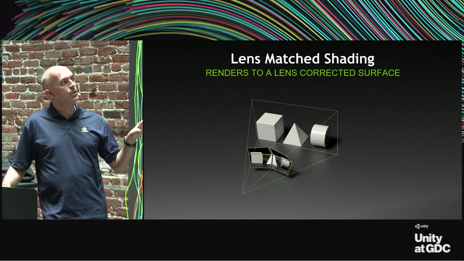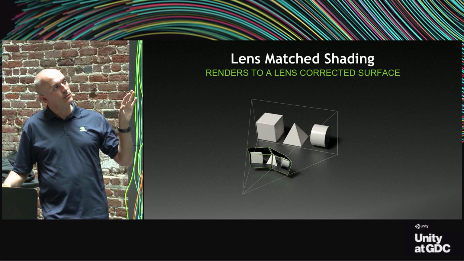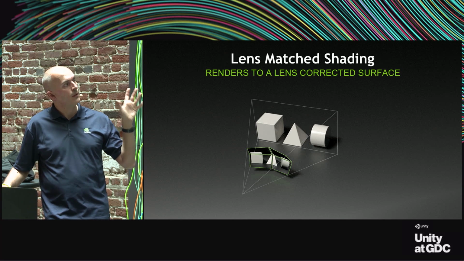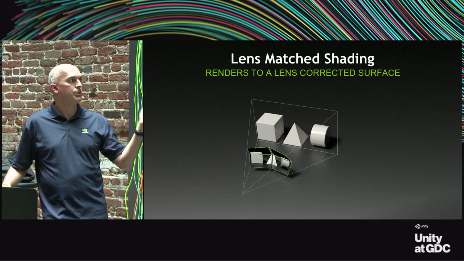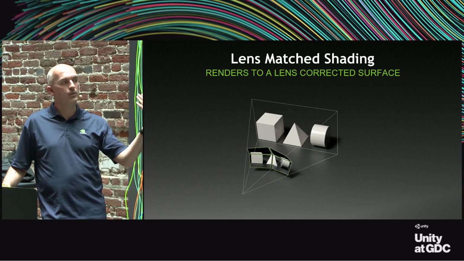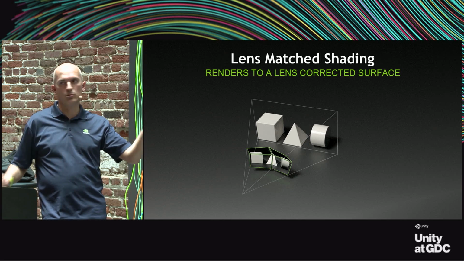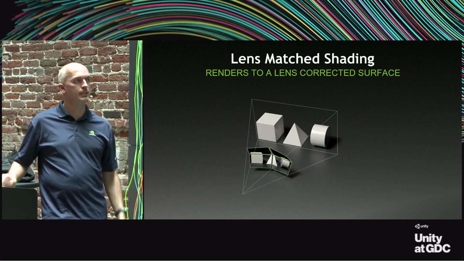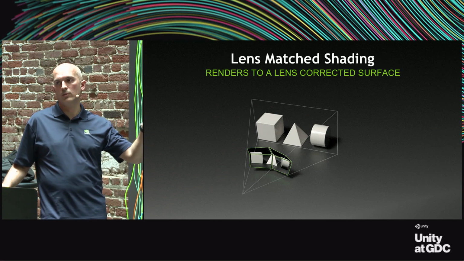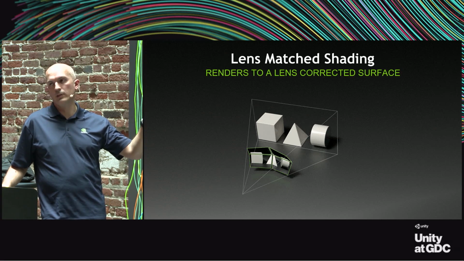So lens match shading is basically using a very neat trick, which is also hardware accelerated, where we are distorting the projection plane. So your camera projection plane, which is normally flat and facing the camera, gets distorted in homogeneous space, and this is fully hardware accelerated.